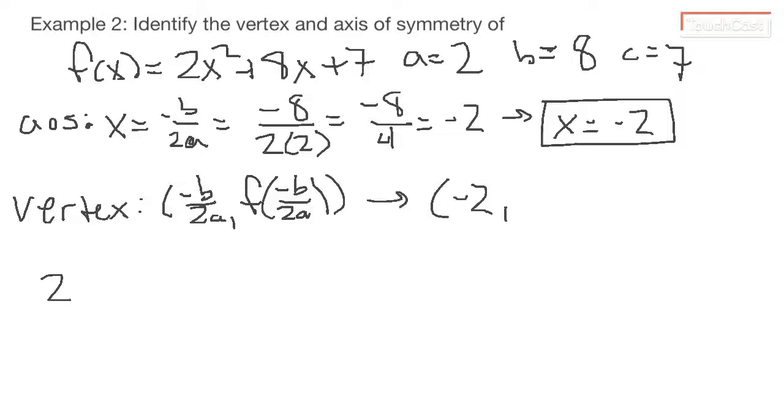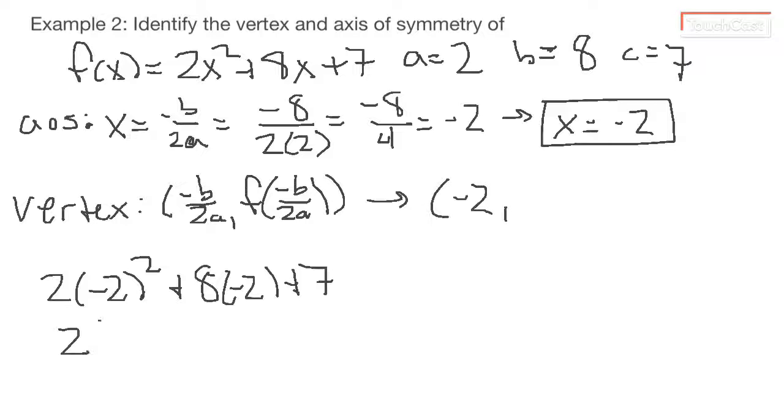So we're going to have 2 times negative 2 squared plus 8 times negative 2 plus 7. Negative 2 squared, that's 4. 2 times 4 plus 8 times negative 2 plus 7.